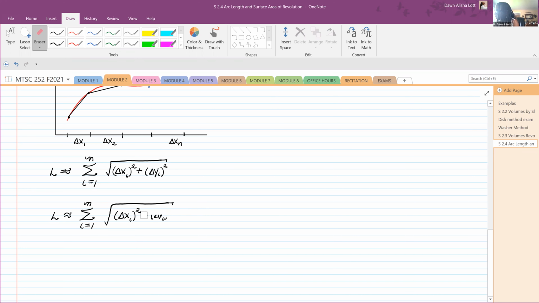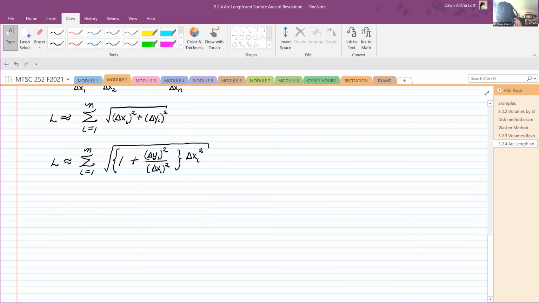So let me rewrite this. When I factor out delta xi squared, I end up with 1 plus delta yi squared over delta xi squared, and then I factored out the delta xi squared. So I just did that algebraically.